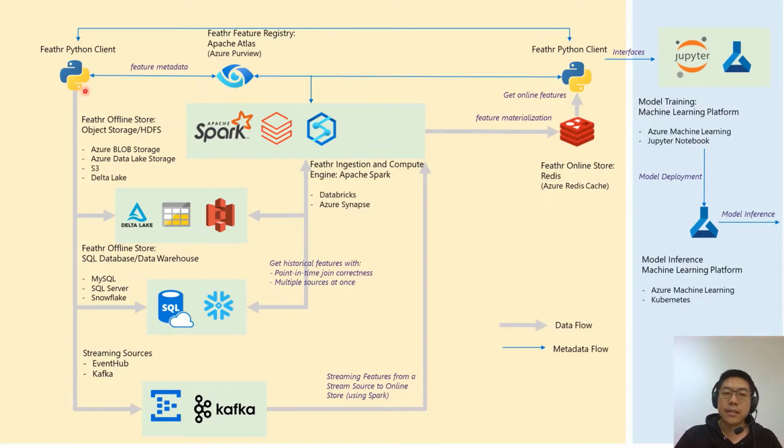As I said earlier, Feathr also has a Python client that you can use in different environments. For example, you can use Feathr in Jupyter Notebooks, Azure Machine Learning, or Databricks notebooks. And you can build models using the Feathr offline store and then push them to online environments using the Feathr online APIs.